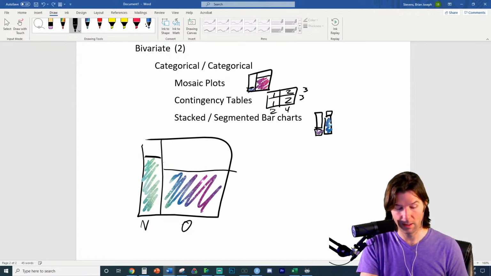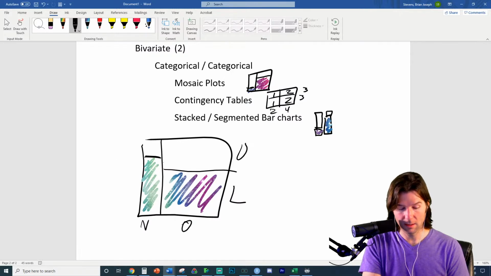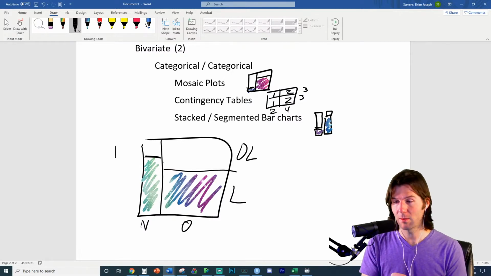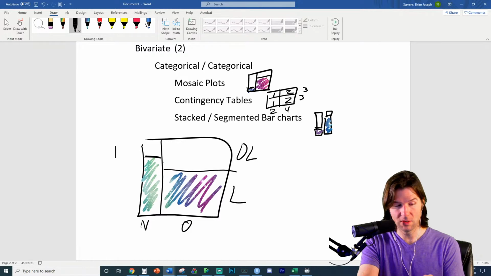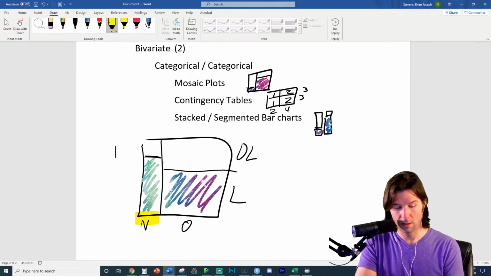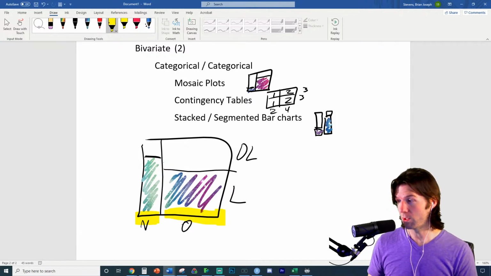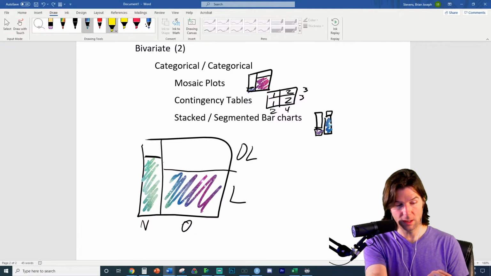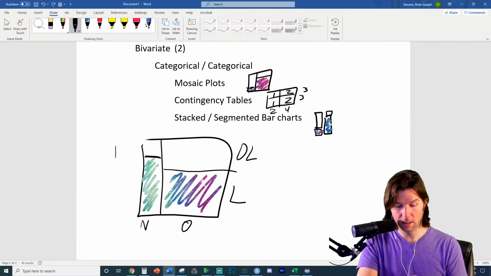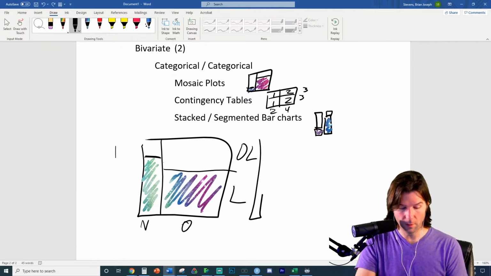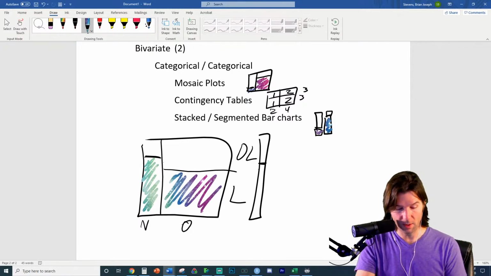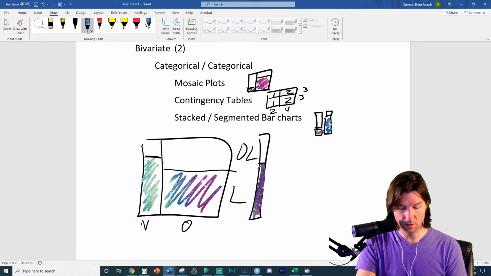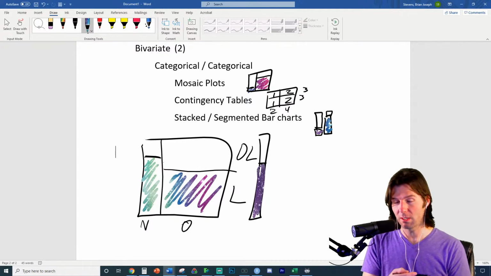You can see this is the percent of people who tried the new product, and it looks like 20% tried the new product to around 80%. The width of the bars is the marginal distribution. You could also put a bar over here on the side, which shows the overall marginal distribution for everybody, whether people liked or disliked the product.